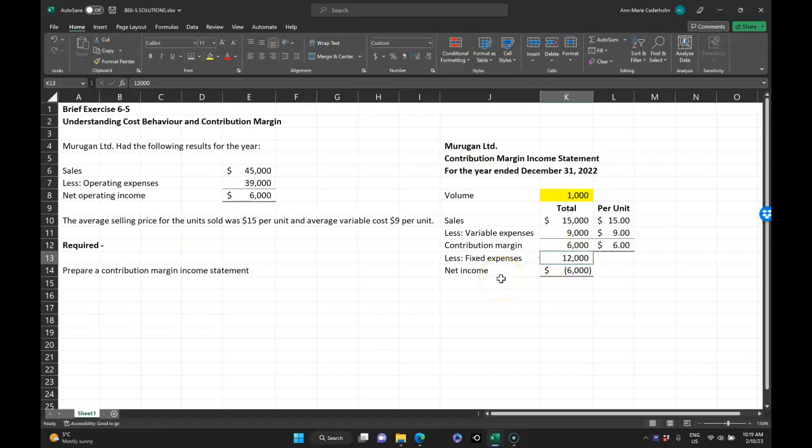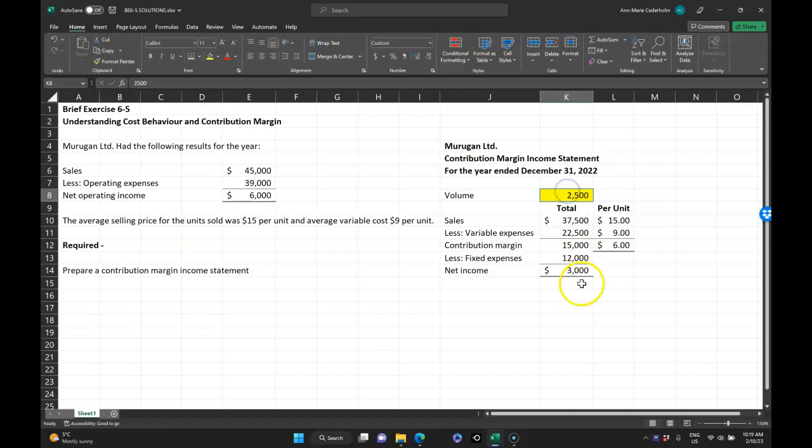Now, what I really want to see is a baseline. What would it look like if my net income was 0? That's called break even. Break even is how many cookies I have to sell before I even start making any profit. So you can just guess in here. Let me guess 2,500 just for fun.